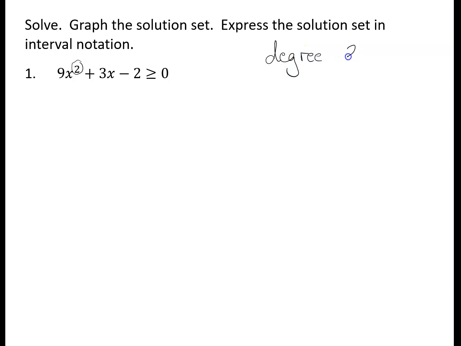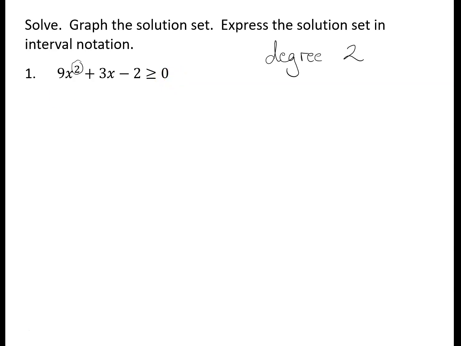We could also call it quadratic. Remember, polynomial is just a very general term. And so if you wanted to get specific here, you could say this is a quadratic inequality. All right, so step 1, make sure you have 0 on one side. We already have that in this problem, so we can skip step 1.